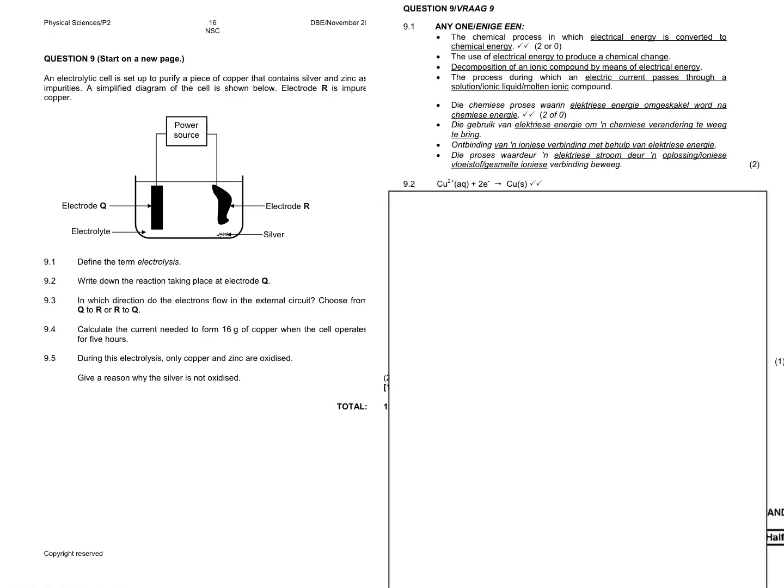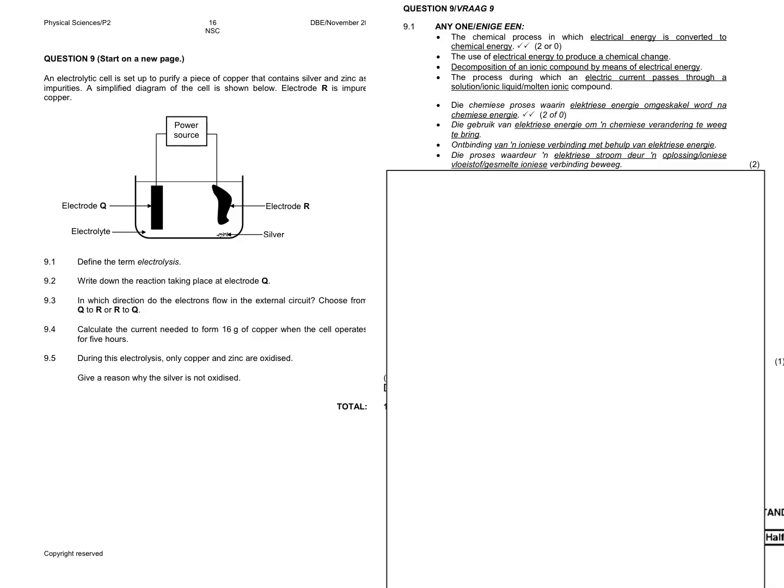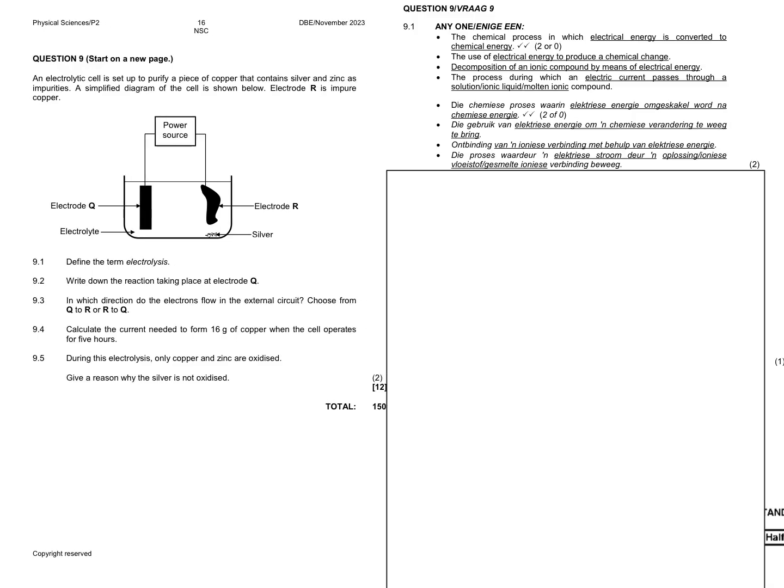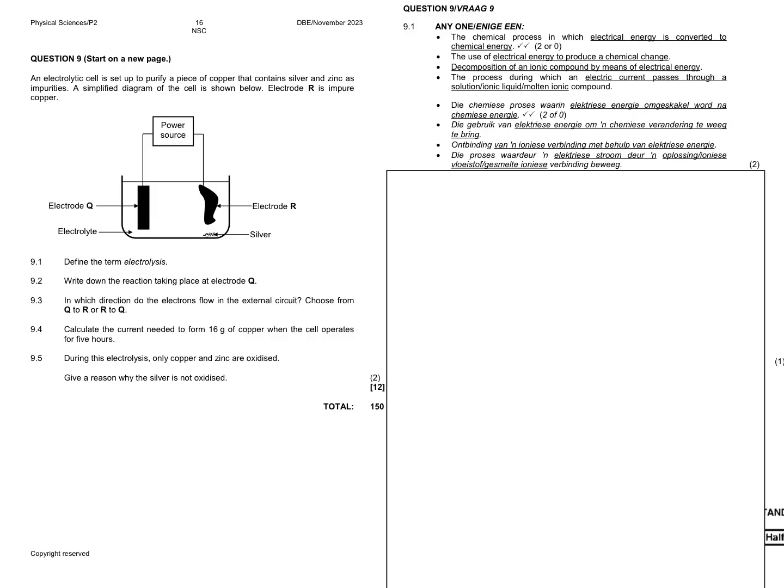Then write down the reaction taking place at electrode Q. It says an electrochemical cell is set up to purify a piece of copper that contains silver and zinc as impurities. A simplified diagram of the cell is shown below. Electrode R is impure copper. That means that electrode Q is pure copper.